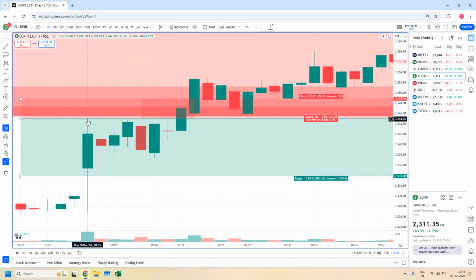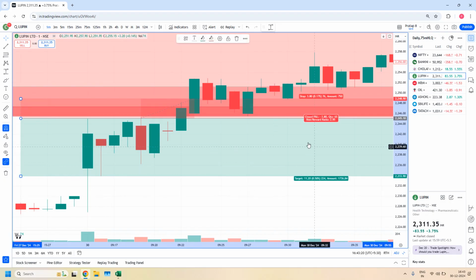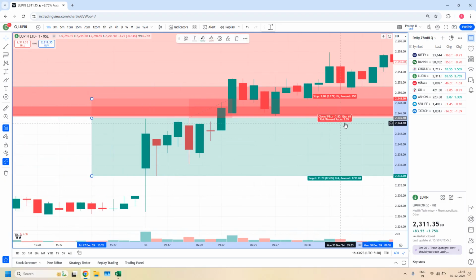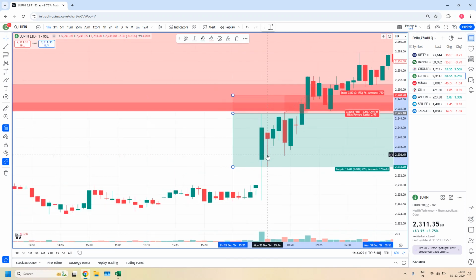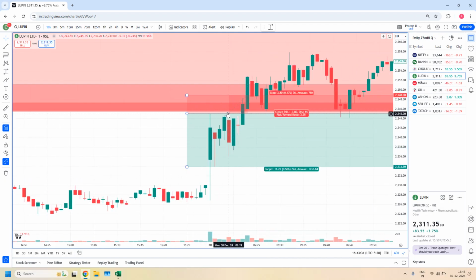It might have just entered into the stop buffer, and here it reached 1:2.95, which means 1:3 RR. It looks like it is achieved. But remember, this is not at all practical. And this is the practical one.